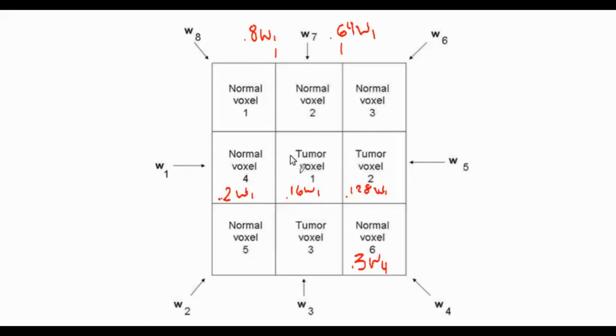So when you multiply together 0.3 and 0.7, you get 0.21 W sub 4. And then what's exiting the edge of this voxel is going to be 1 minus 0.3 minus 0.21, which is 0.49. So what you get here is 0.49 W sub 4.